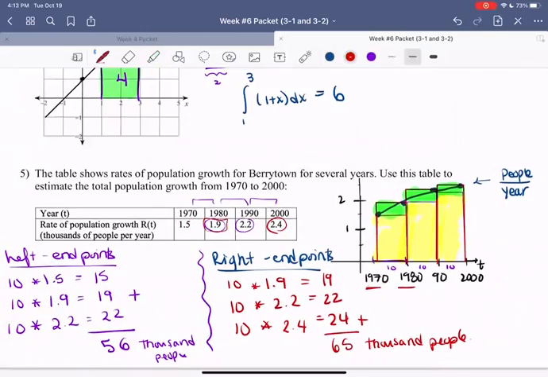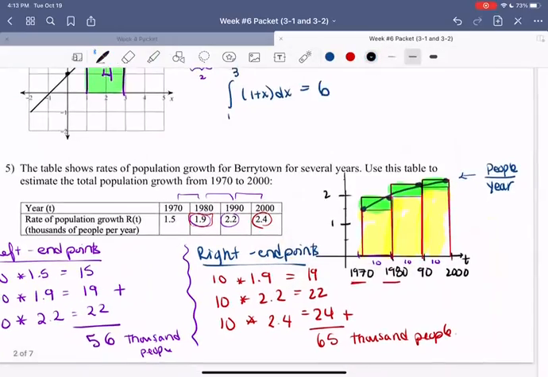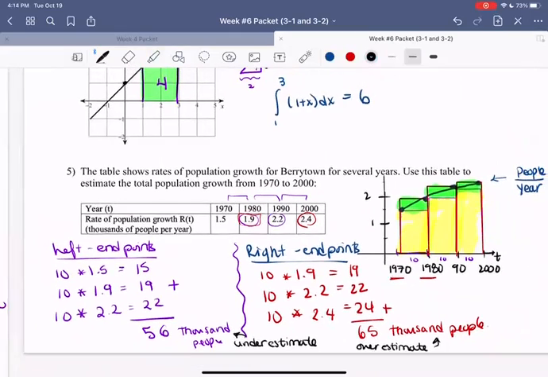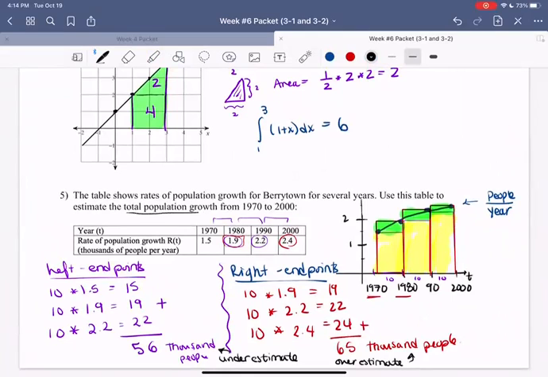So we'd say that in this case the left endpoint is an underestimate and the right endpoints give an overestimate. So we would find the total population growth between these years somewhere between 56 and 65,000.